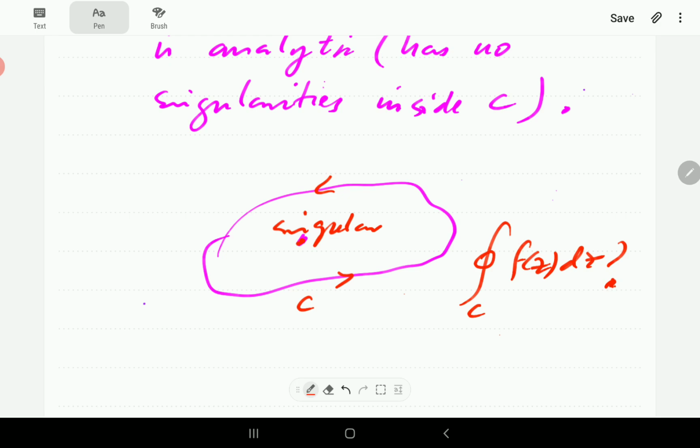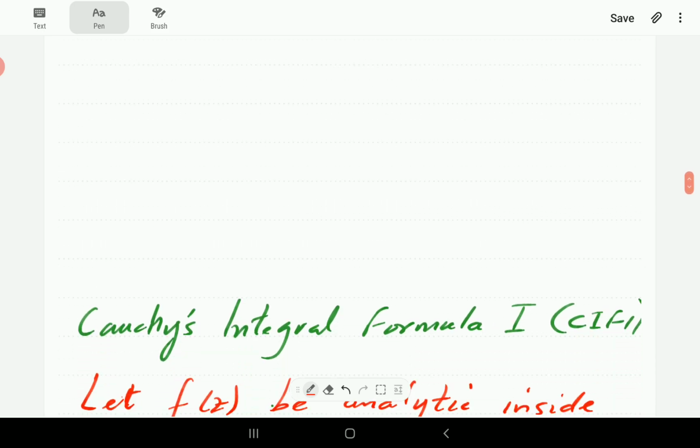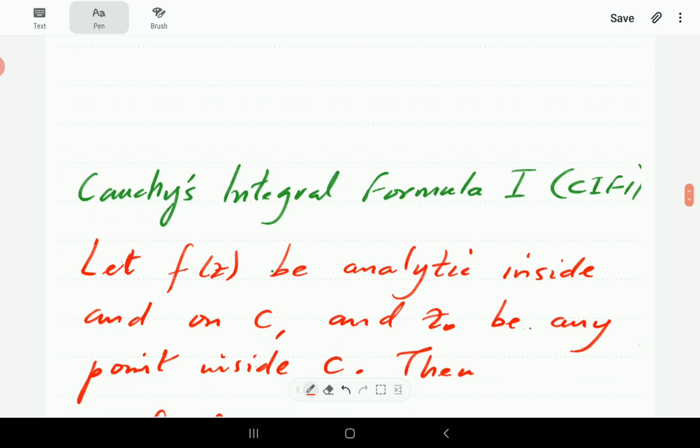Well, in fact, this necessitates Cauchy's integral formula.